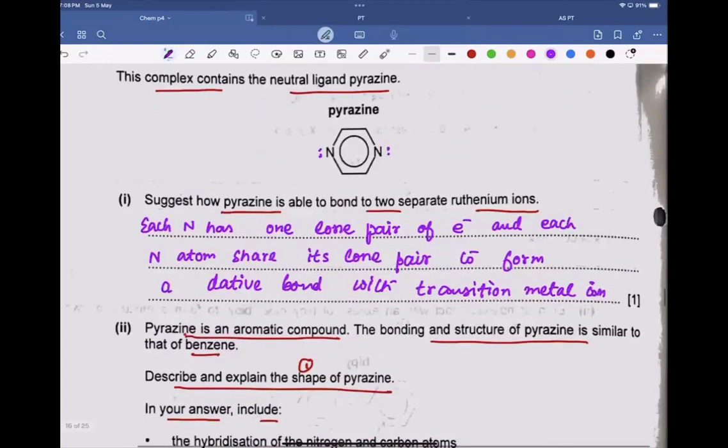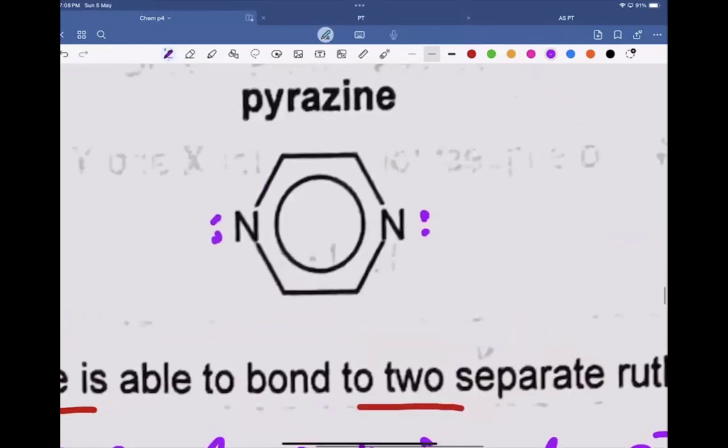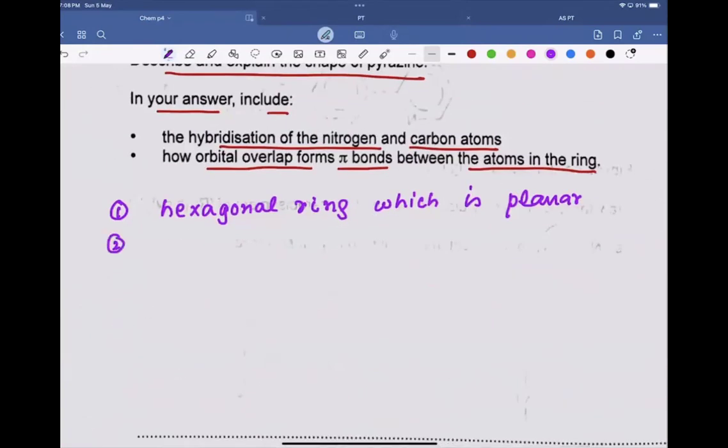And if you see carbon and nitrogen, each one is involved in the pi bonding. So it means, the second thing, hybridization: both carbon and nitrogen atoms, because there is one pi bond, are sp2 hybridized.